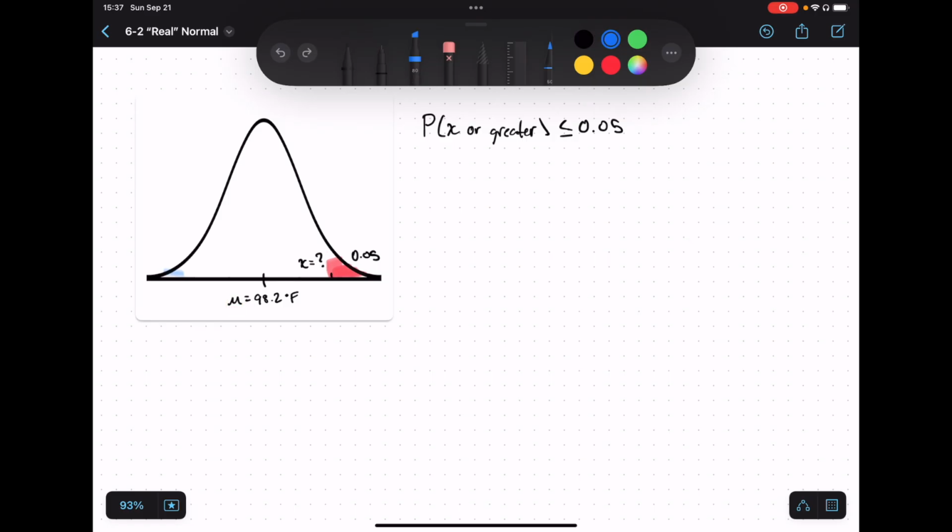Remember, when we're looking up the area under the curve with our table, we're looking at the cumulative distribution from the left. In this case, 0.950. For the area under the curve to be 0.950, the z-score is 1.645. And because this is our threshold for significance, we call this a critical value.